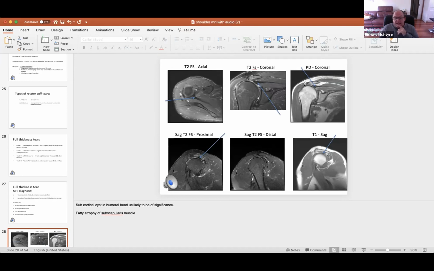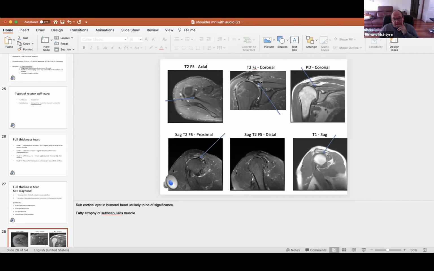We can see here on this full thickness tear that this attachment has actually retracted. It's about 1 o'clock to the humerus. It's retracted and it's bunched up. If you see that, of course there's going to be a full thickness tear there.